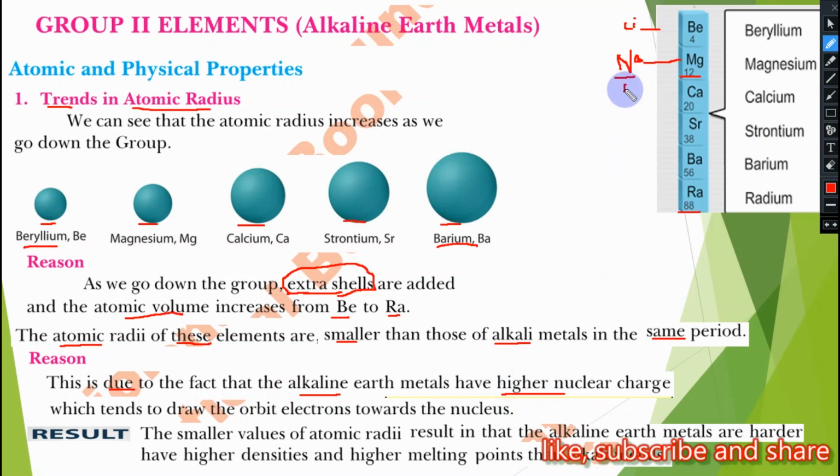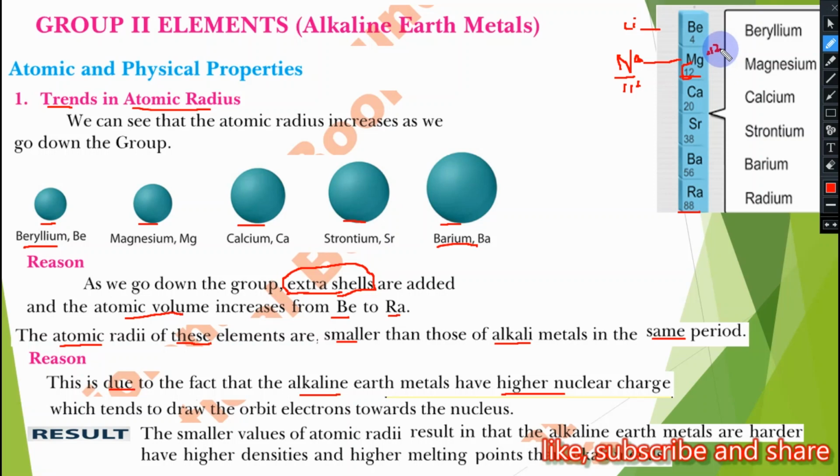For example, sodium has 11 protons, its atomic number is 11, so its nucleus has a plus 11 charge. While the atomic number of magnesium is 12, so its nucleus has a plus 12 charge. So the nuclear charge increases while the outer shell remains the same.